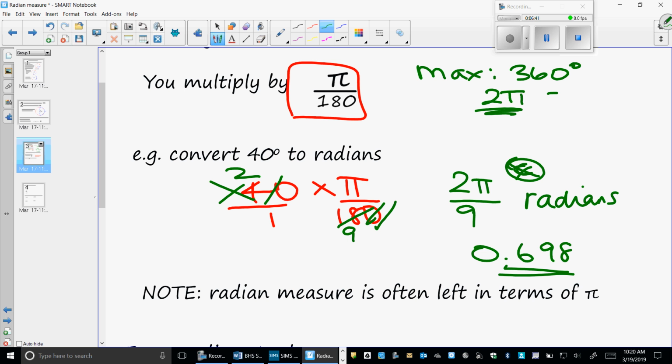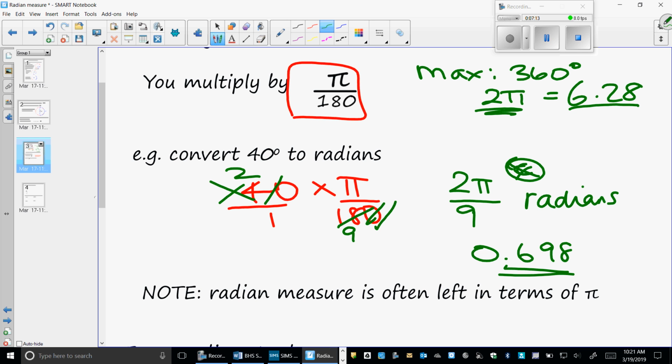Now, what is the value of 2 times pi? 2 multiplied by pi. 6.2. Okay? The reason I'm saying this is that if you are working with questions and they haven't specifically said this is a degree question or a radian question, you are looking for small values.